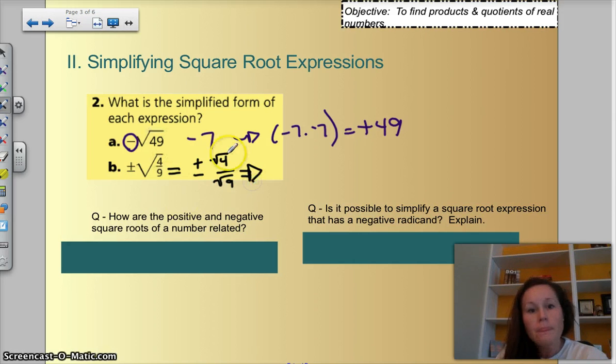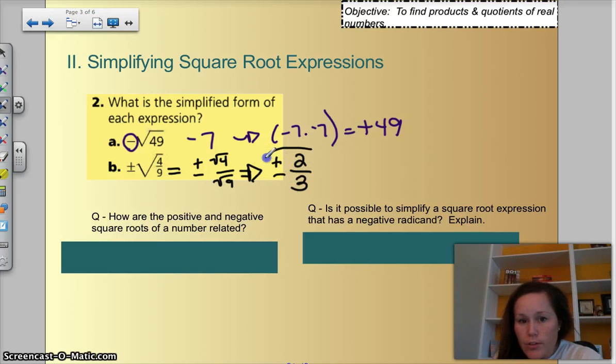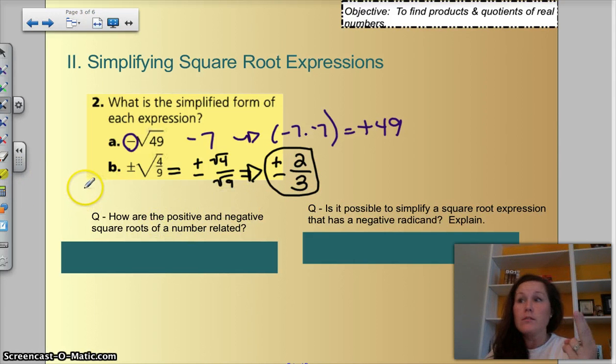What's the square root of 4? 2. And then the square root of 9 is 3. So my final answer here is positive or negative 2/3. The reason it's both is because positive times positive is positive, and negative times negative is positive. So they both work in this situation.